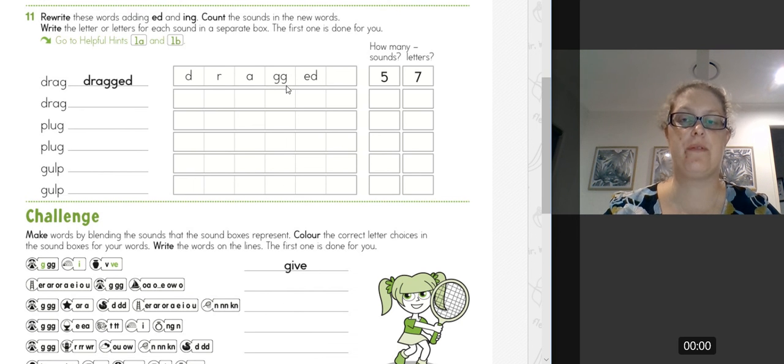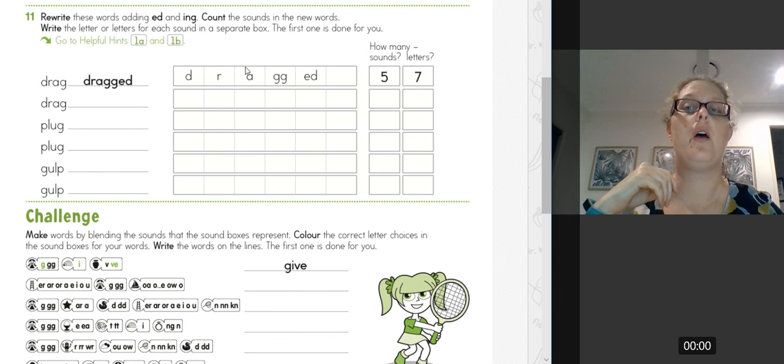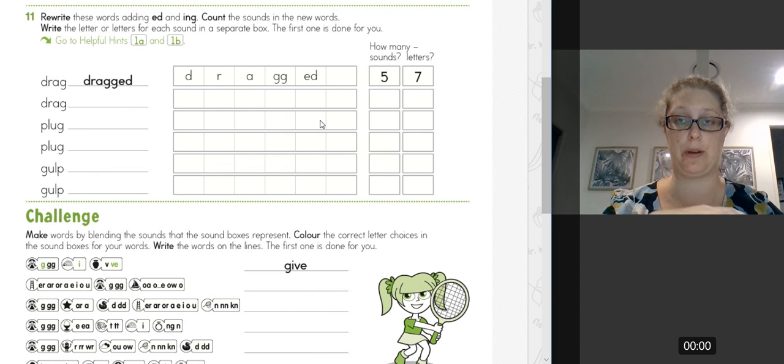The G and the double G is making one sound, so they've been put in the same box. And the E and the D are also making one sound, so they've been put in the same box as well. When you're filling out the rest of the boxes, make sure that you put each sound, the letters that represent each sound, in a separate box.